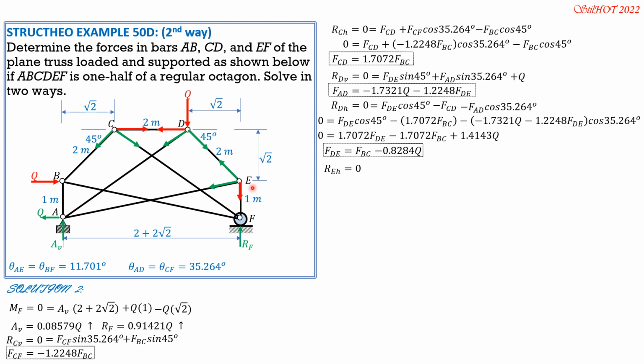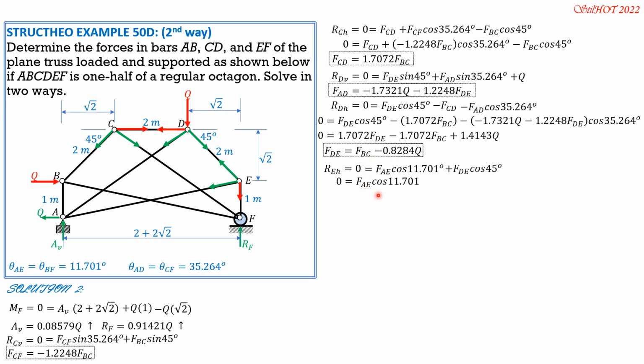So RE horizontal equals 0, or summation of forces horizontal equals 0, leftward positive. So 0 equals FAE cosine of 11.701 degrees, the angle it makes with horizontal, plus FDE cosine of 45. So replace FDE with this value here.